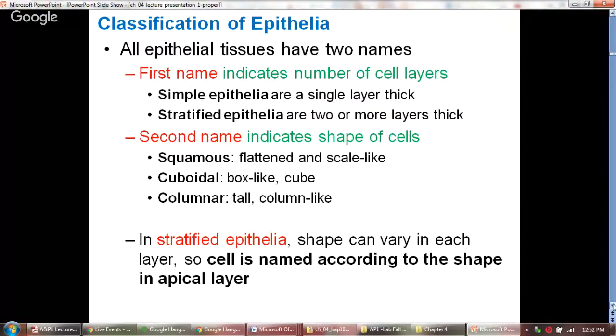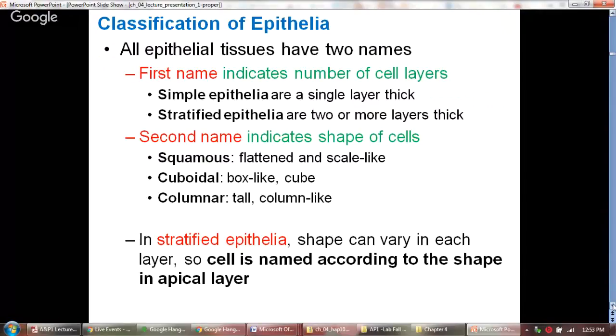Some of the cells at the basal layer would be cuboid in shape, but as it moves on, the cells get flattened and more scale-like. Therefore, when we have to name them, what we take is the shape of the apical cell layer.